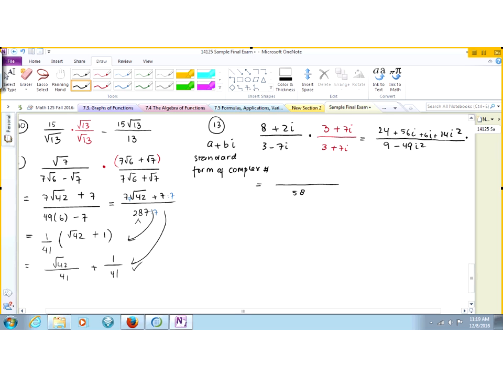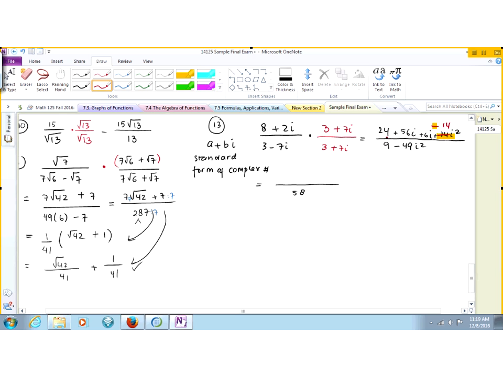Now what? Combine like terms. Which ones are like terms? What is plus 14i squared? Negative. What did you say? I'm sorry. Yes, minus 14.